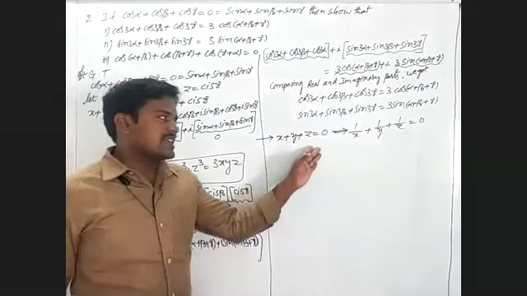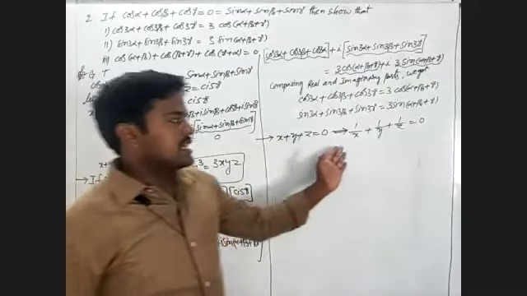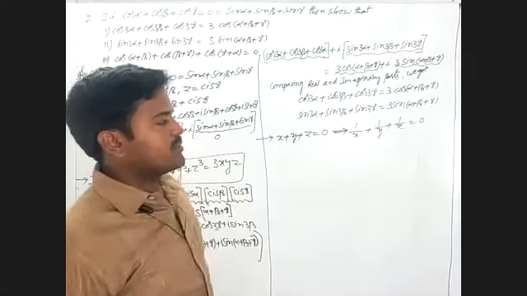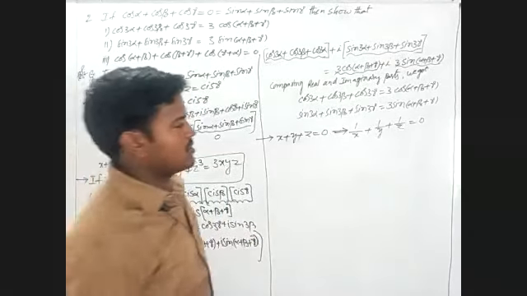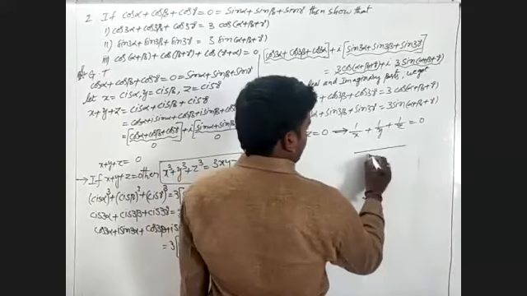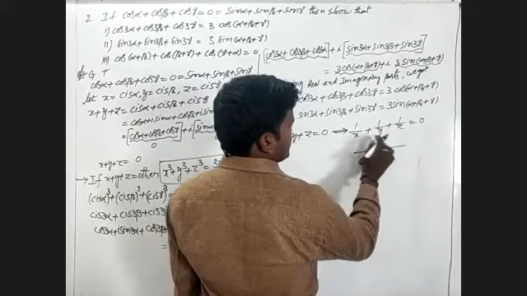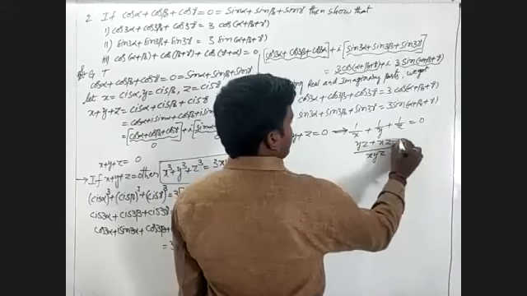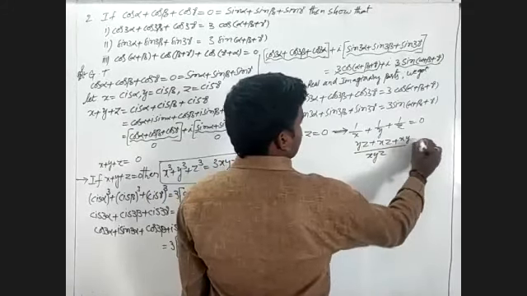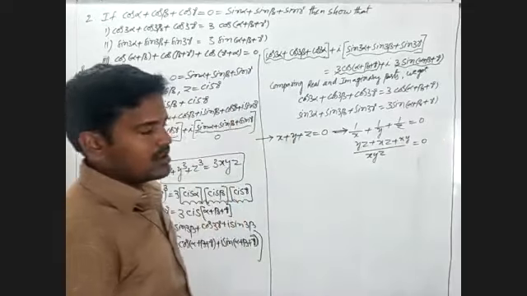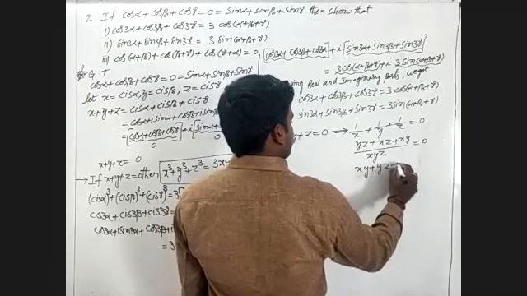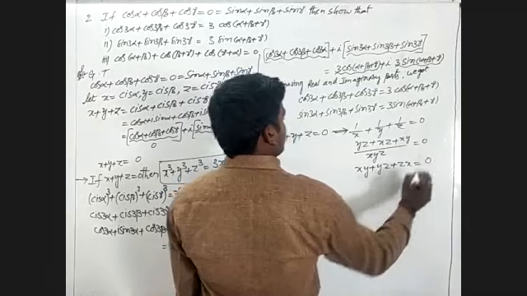Here, the given LCM is xyz. Here x is common, remaining we have to write yz plus xz plus xy is equal to 0. 0 into any value is 0. Remaining we have to write xy plus yz plus zx is equal to 0.